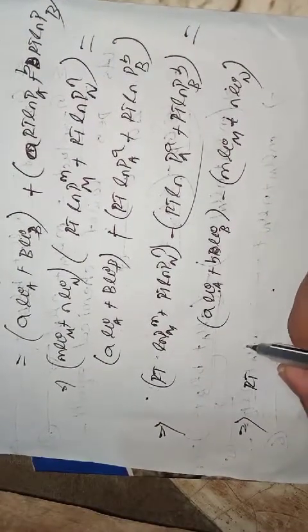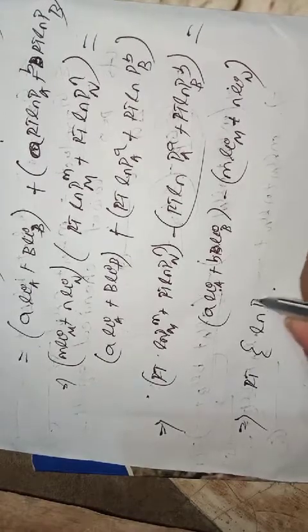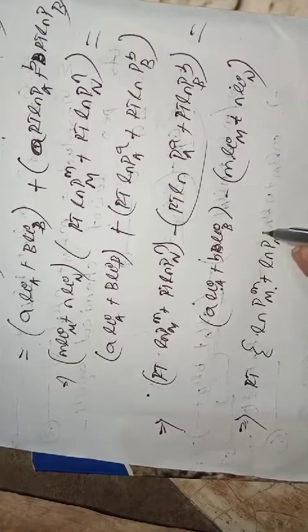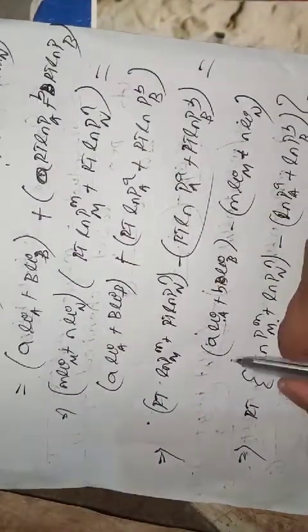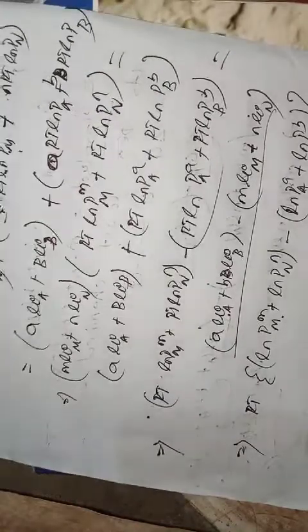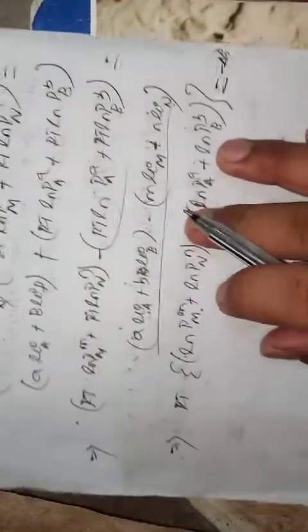Taking RT common: ln Pm to the power m plus ln Pn to the power n minus ln Pa to the power a plus ln Pb to the power b is equal to minus delta G naught.